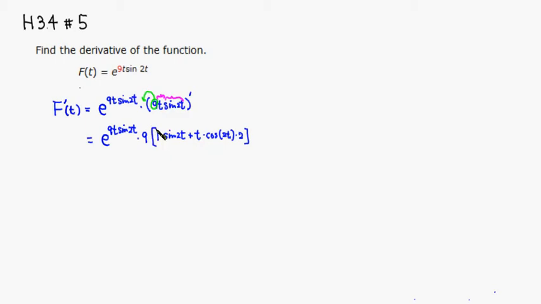Alright, so I'm going to clean this up a little bit and see if it looks better. Let's see, take care of 9 first, so I'll put 9 here.